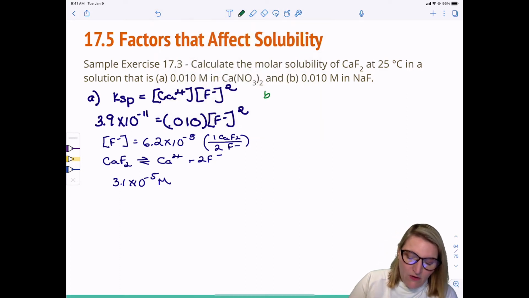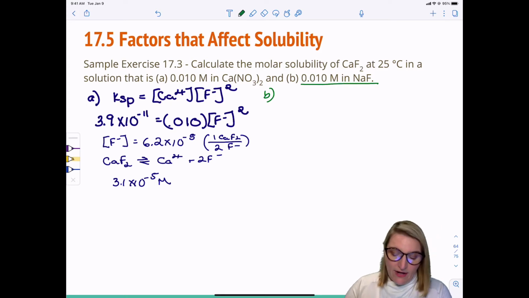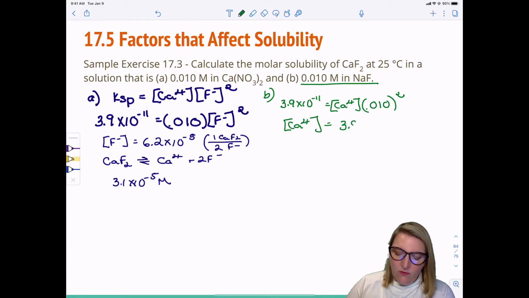And if I look at B over here, it's already starting out with some fluoride ion in it. Same exact thing: 3.9 times 10 to the negative 11 equals the concentration of the calcium ion, which I don't know this time, times the fluoride ion, which is 0.010, squared. Solving for the calcium ion, I get 3.9 times 10 to the negative 7 molarity.